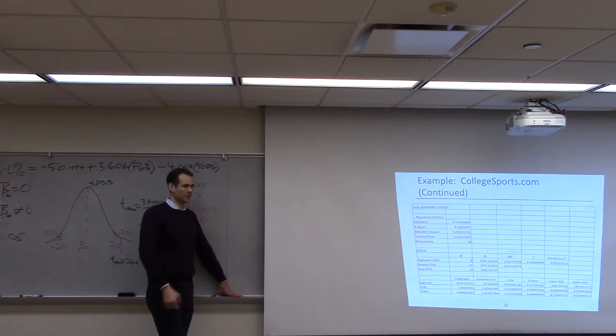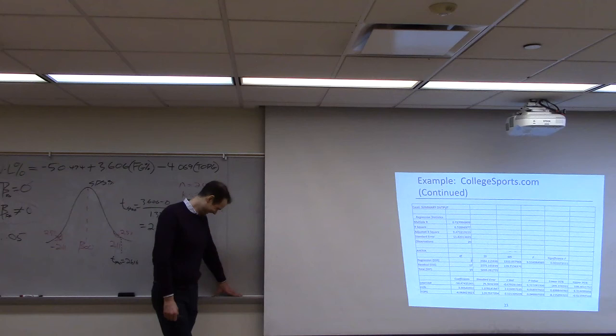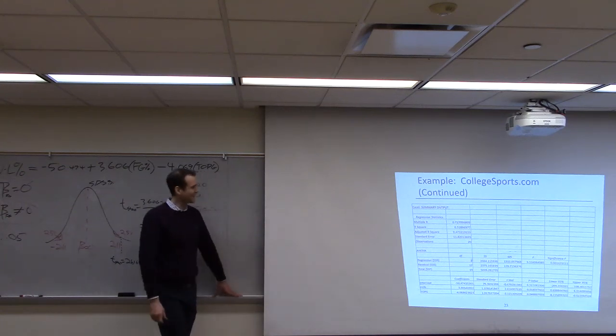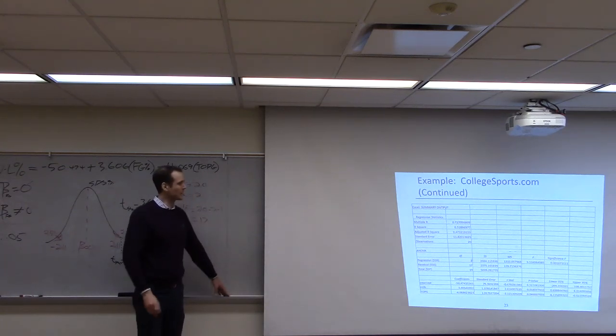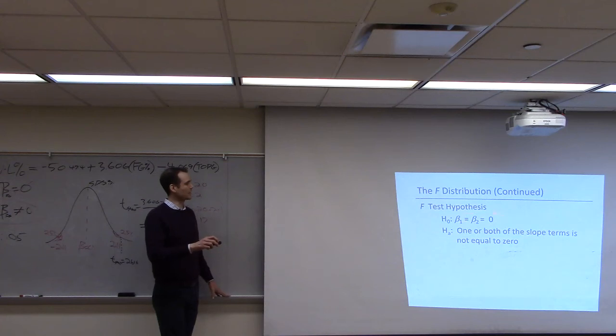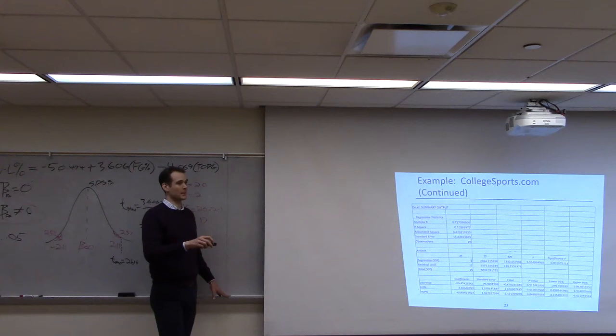Right. Alright, so what is your interpretation then? So the interpretation is that we reject this, because we've got results that are highly unusual if this is true. Results that are only 1/10 of 1% likely.